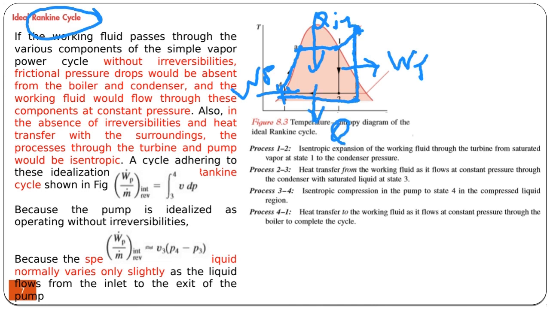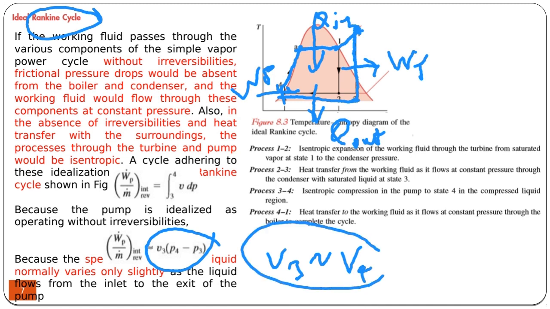Pump work can be calculated from V3 times delta P because liquid is incompressible. So V3 is approximately equal to V4, so we can assume it's constant, and the pump work is just V3 times delta P. Delta P is the difference between P boiler minus P condenser.